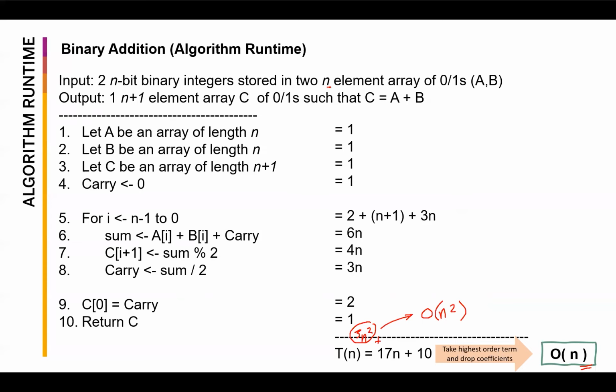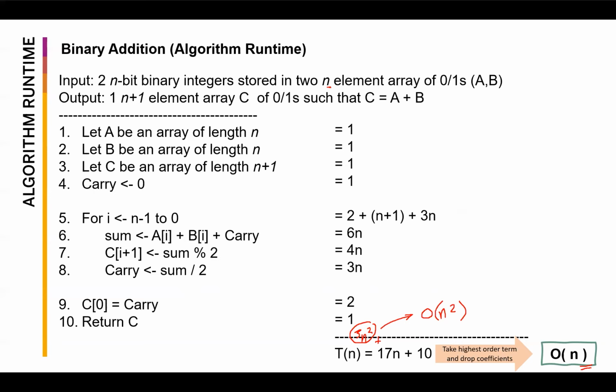Okay, and it grows at a linear proportion. So if in case we have n equals 4, then it grows the same if we have n equals 5. So the runtime will grow linearly at a proportion.